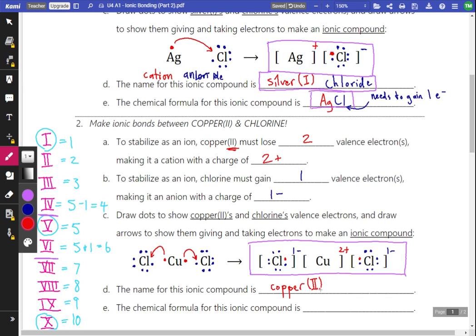So we read that out as copper 2. Then we have chlorine. Then we chop the end off to make IDE. So this comes out as chloride.